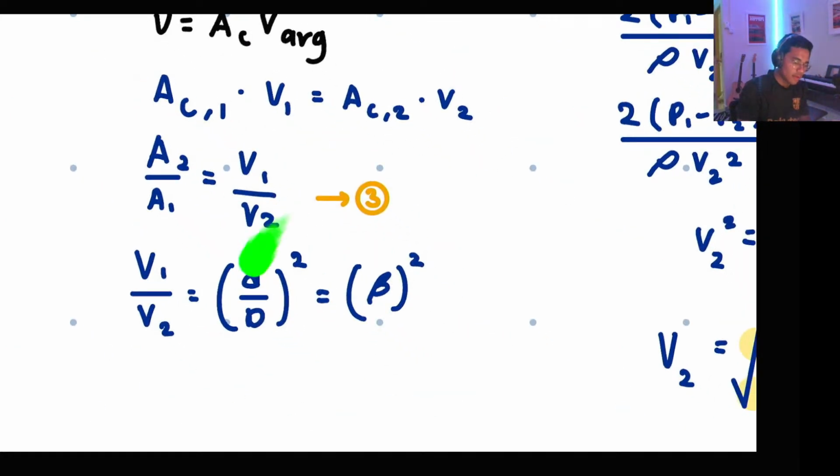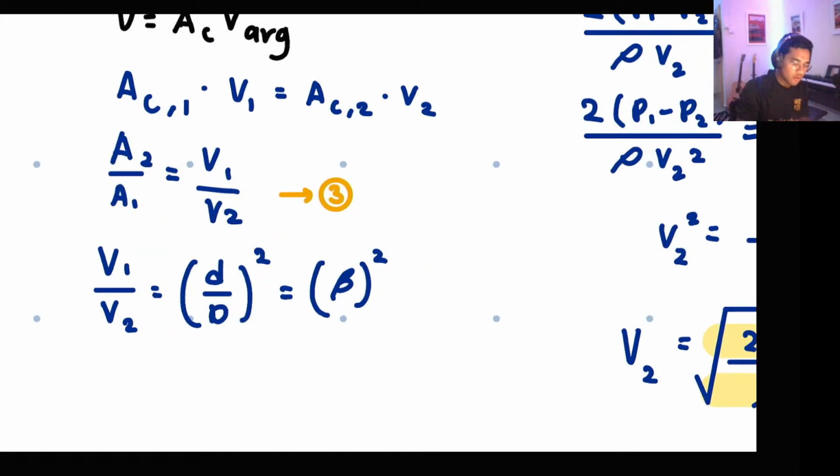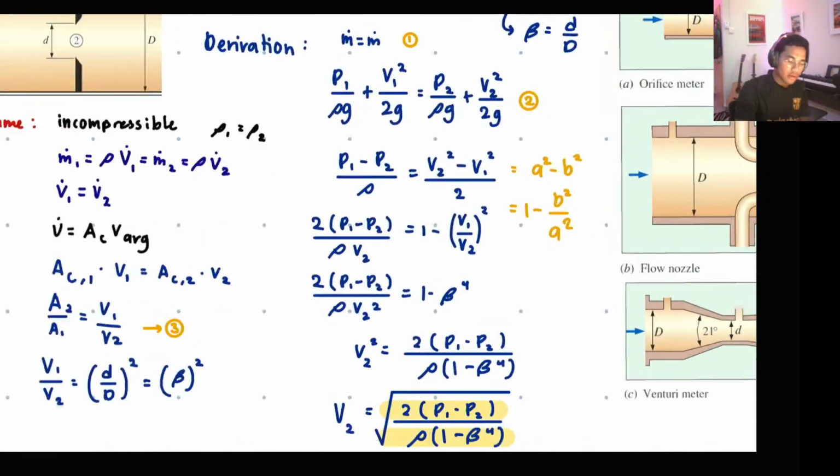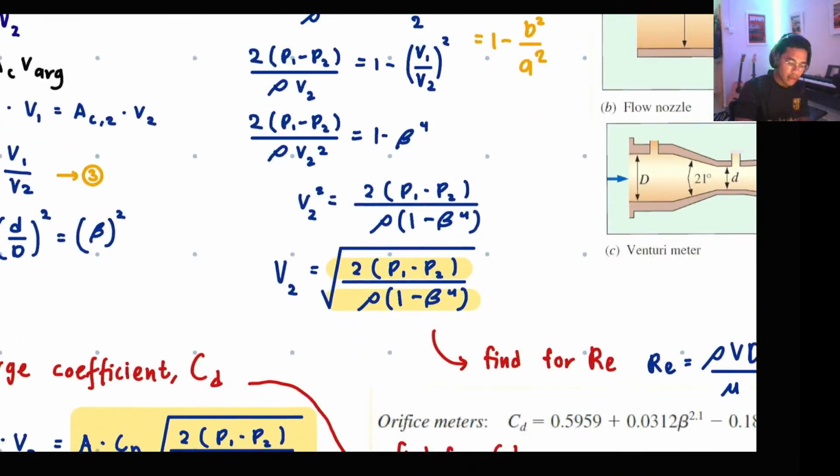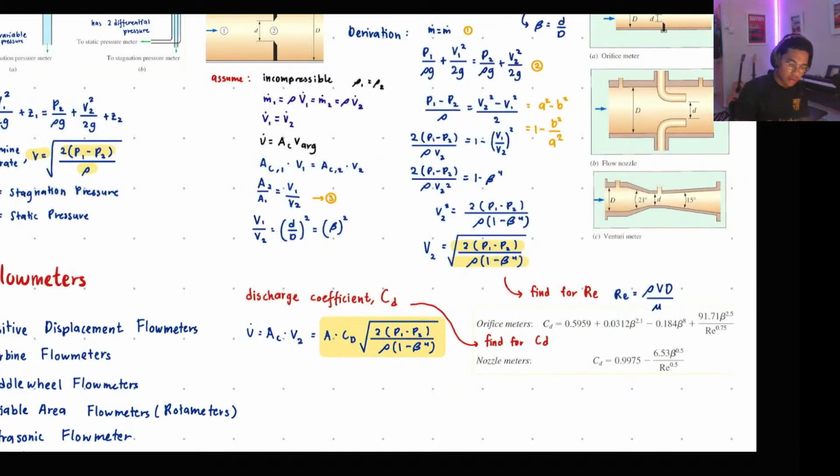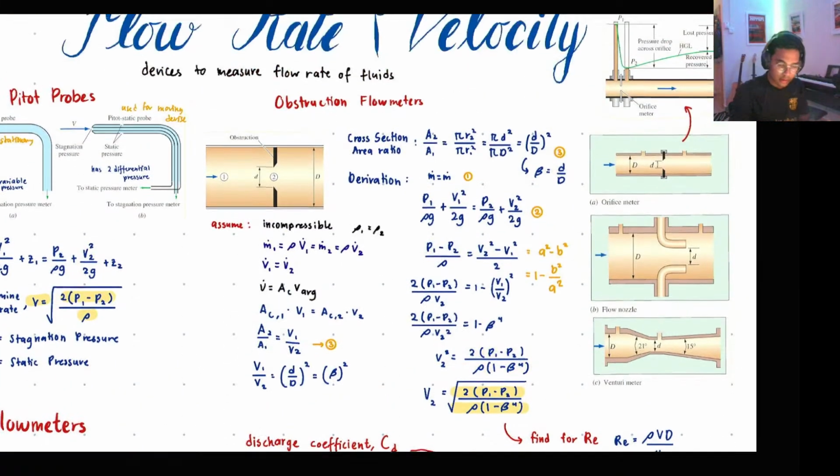Since the area ratio can be represented by the ratio of the diameters, we can also represent the ratio of the velocities by B squared. So we derive and then we get this equation. Okay, so that's how you derive it.